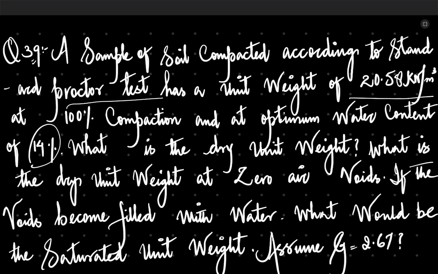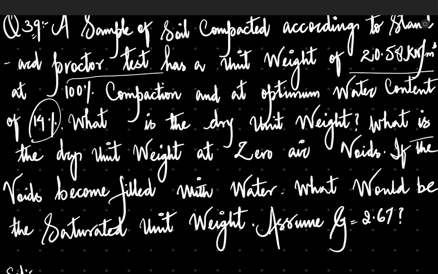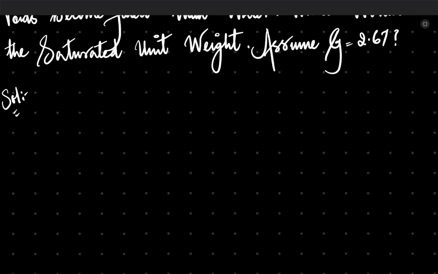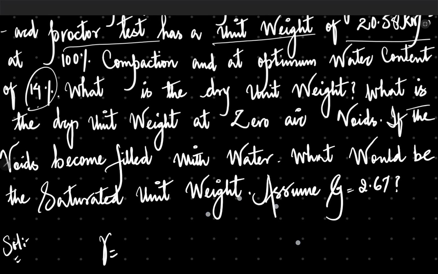All right, the first thing that the question is demanding us to find is what is the dry unit weight. We have been given the unit weight or the bulk unit weight and the water content. Optimum water content is 14%. We have to find the dry unit weight. First, I write the bulk unit weight or the total unit weight.